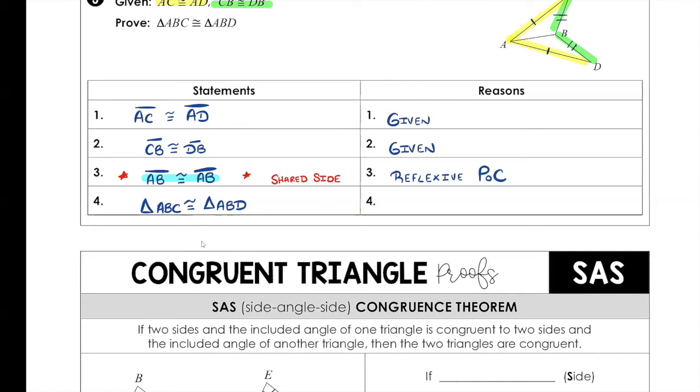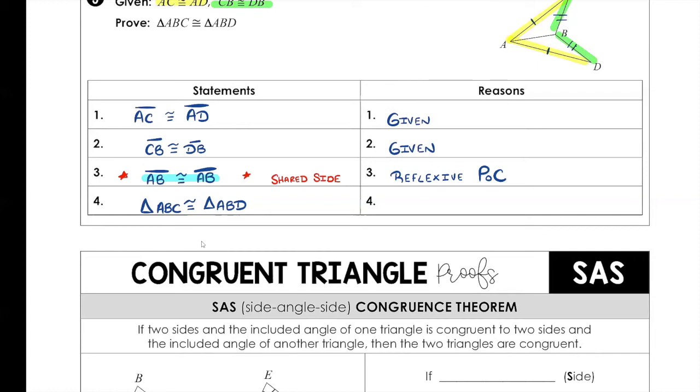All right, so shared side. Anytime two triangles or two squares or two parallelograms or two whatever have the same side, no matter what happens, that side length will always be the same. If it is a shared side, that is always a congruent segment, because AB in triangle ABC and AB in triangle ABD are the exact same.